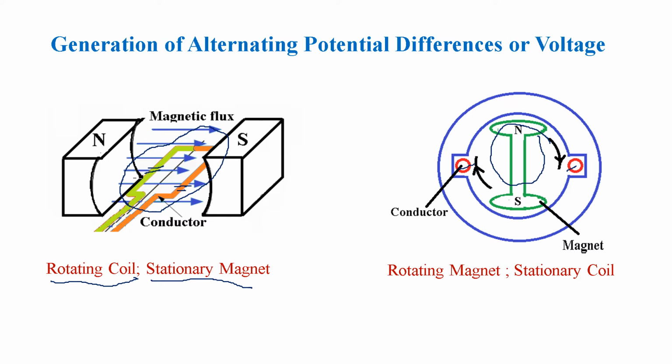Again there is a change in flux between the conductor and the magnetic flux. So by using any one of these, either a rotating magnet with a stationary coil or a rotating coil with a stationary magnet, we are able to generate AC voltage.